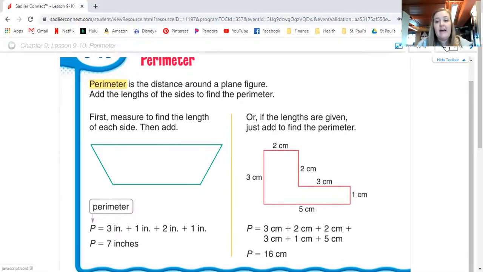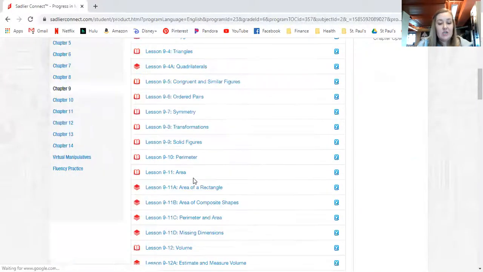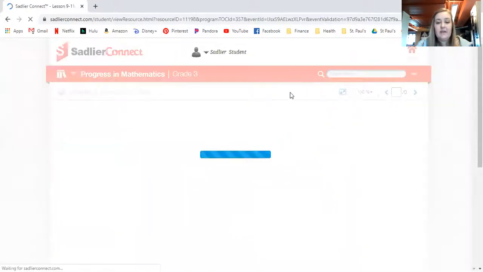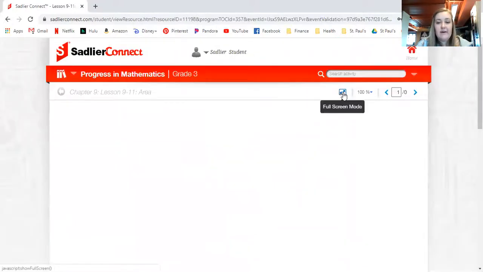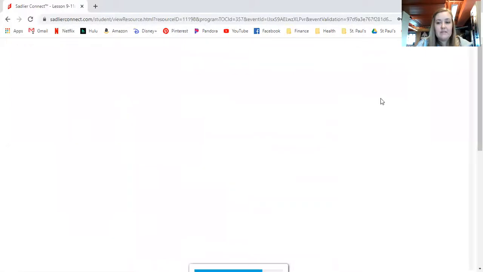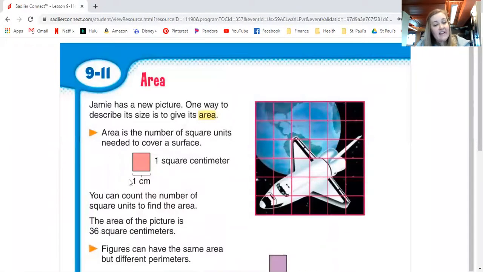Then, just this last Friday, we looked at area. Area is when you're looking inside of the shape or figure. For area, you're looking at the number of square units needed to cover the surface. This is on page 322 in your math book.